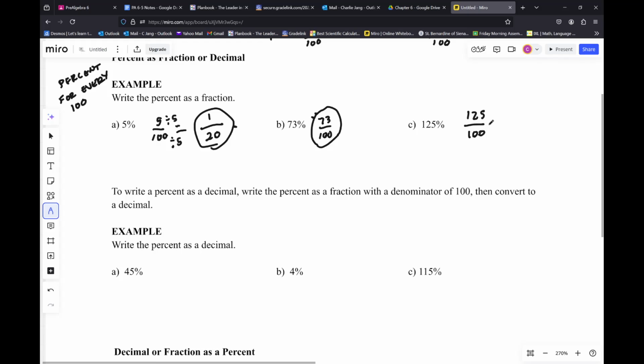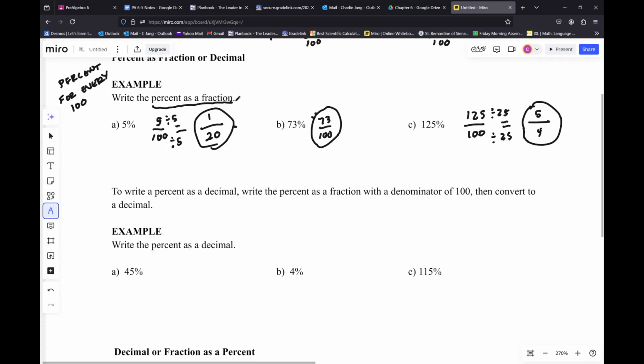Now, can I simplify it? In this case, yes, I can simplify. If I divide the top and bottom by 25, I get 5 over 4. Sorry, I had a little bit of a brain fart. 5 over 4. Okay, so that is going from a percent to a fraction.